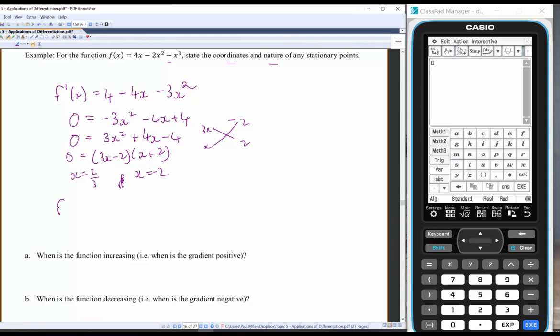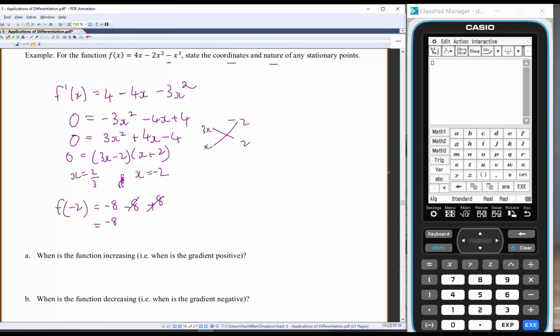All right, so let's do f of -2. So when I put -2 in here, I've got -8. -2 squared is 4. 4 times -2 is -8. Take away -2 is going to be plus 8.